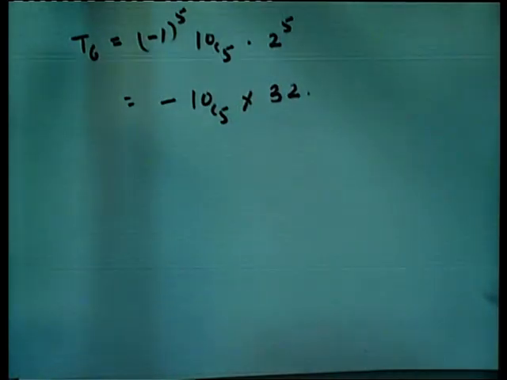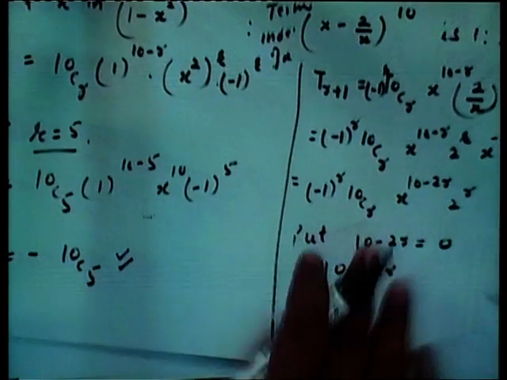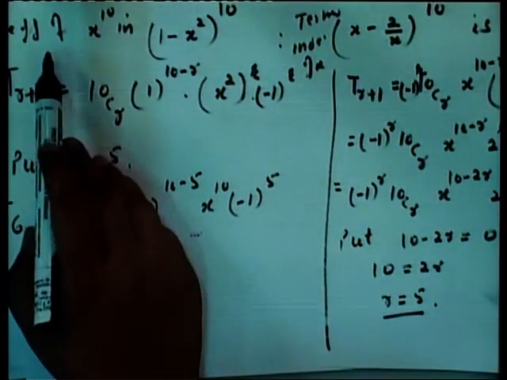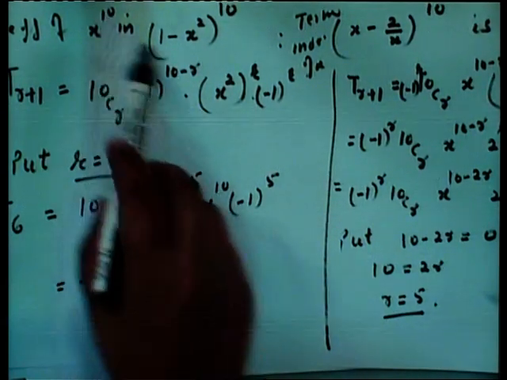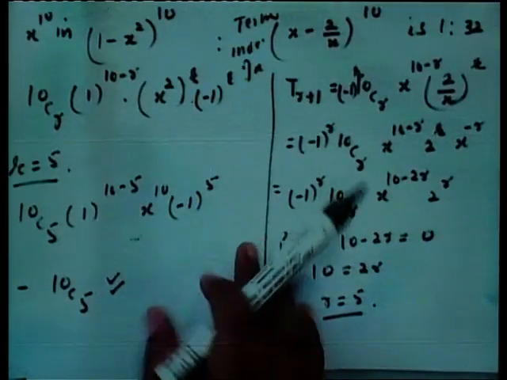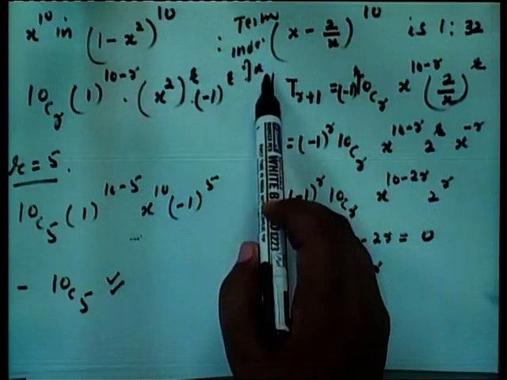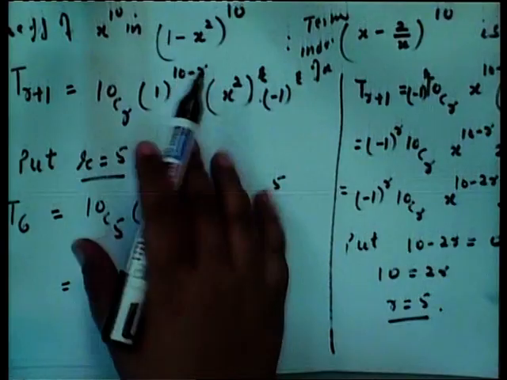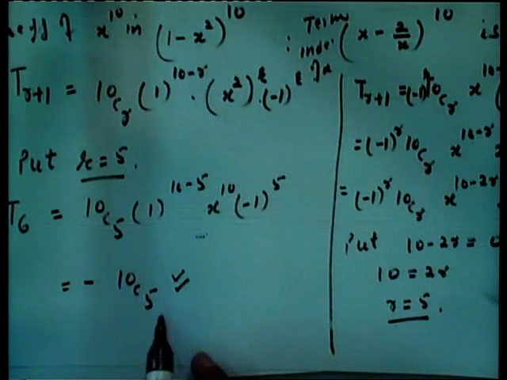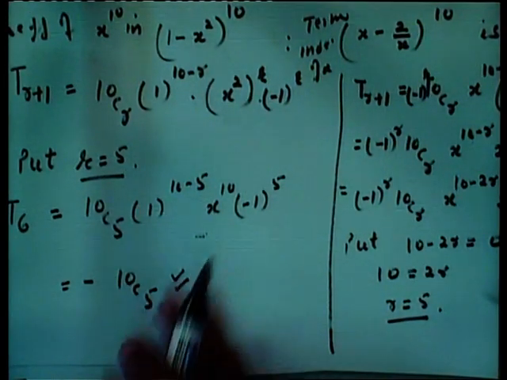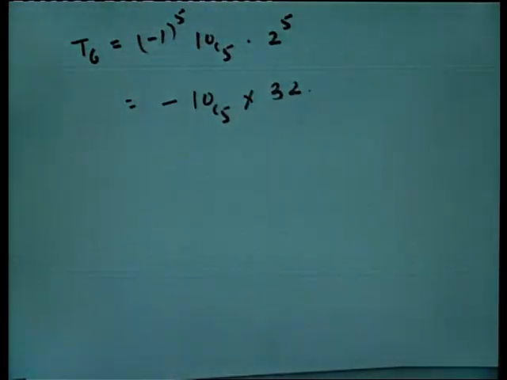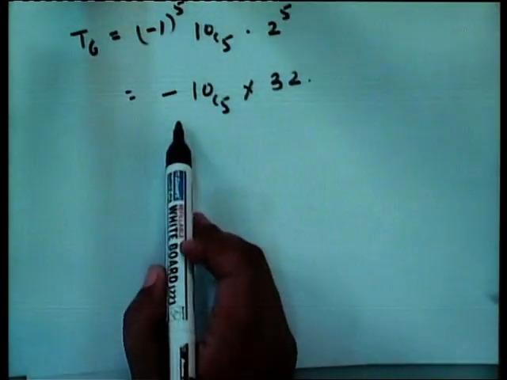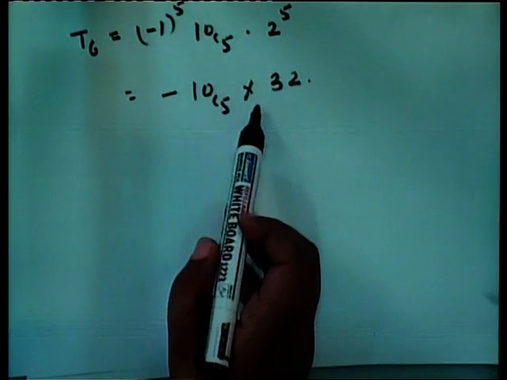So now what was the problem? The problem was to find the ratio of the coefficient of x raised to power 10 in this expansion and the term independent of x in this expansion. So the coefficient of x raised to power 10 in this expansion turns out to be minus 10C5 and the term independent of x turns out to be minus 10C5 into 32.